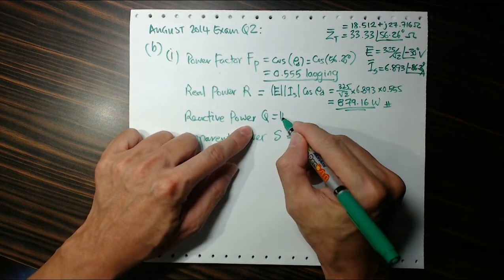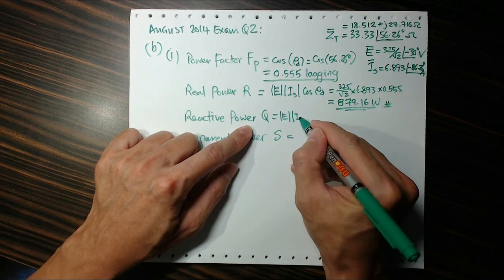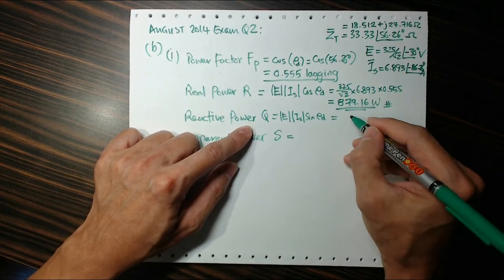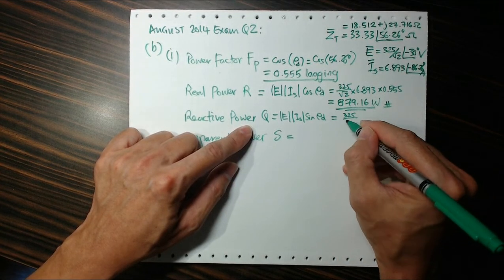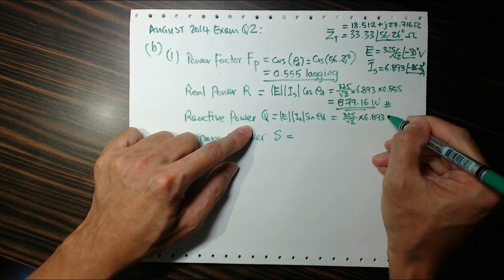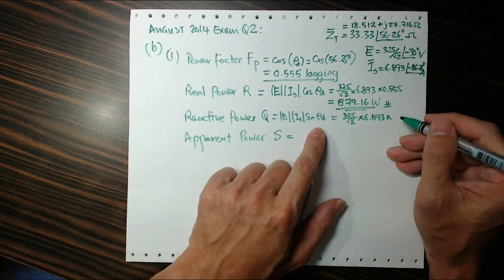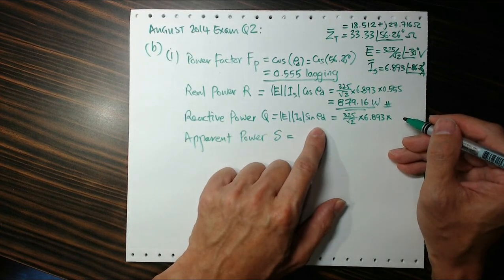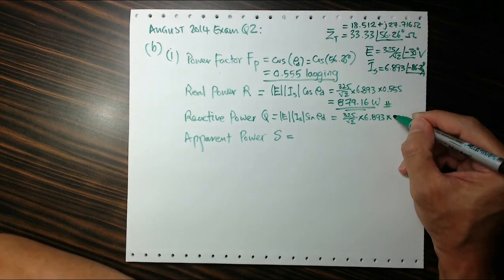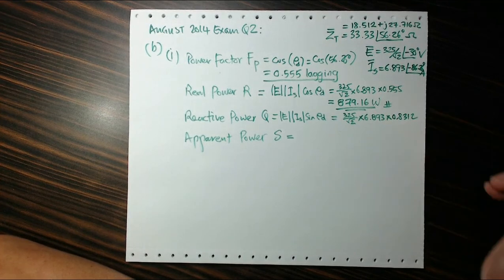The reactive power is the magnitude of E times the magnitude of I times the sine of the phase angle difference. So it's 325 over root 2 multiplied by 6.893 multiplied by sine of the angle, in this case sine 56.26, which is 0.8312.